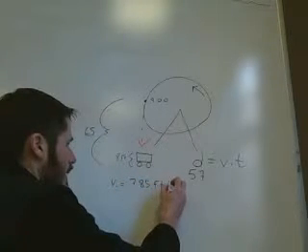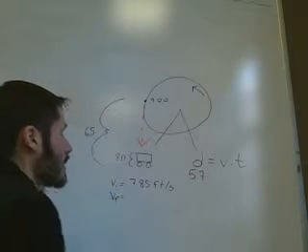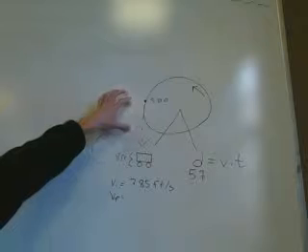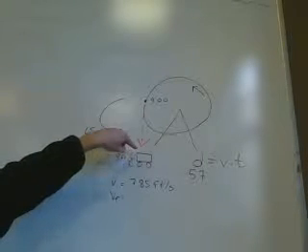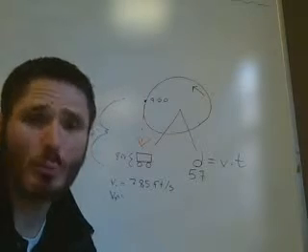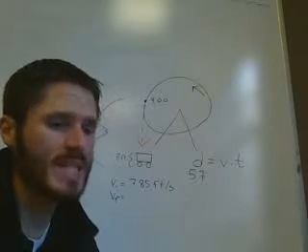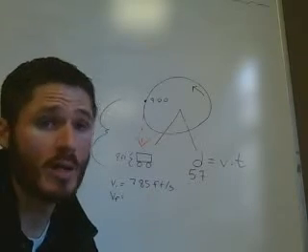Perfect. Now, how are we going to figure out the V final? In other words, the speed that he's going to be traveling the minute he hits the water. Well, that's not something we can numerically figure out right now, but we can figure it out as an expression involving time.